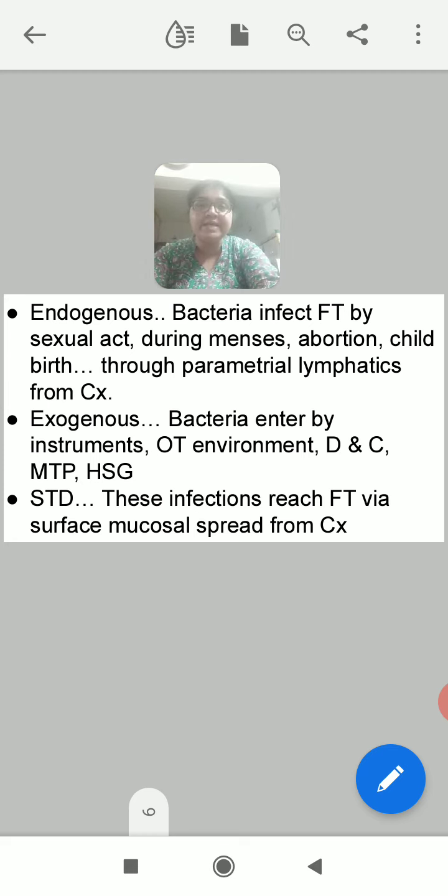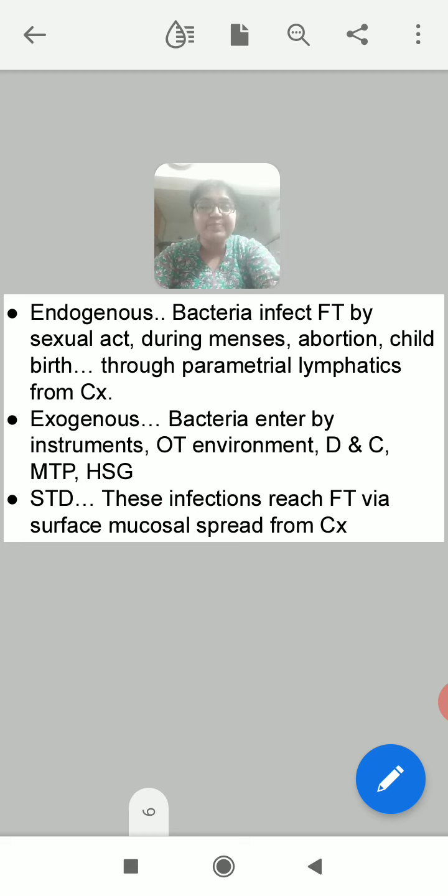When instruments are not sterilized, when aseptic precautions are not taken, the OT environment is not sterile, D&C done under unhealthy conditions, MTP, HSG, that is hysterosalpingography.